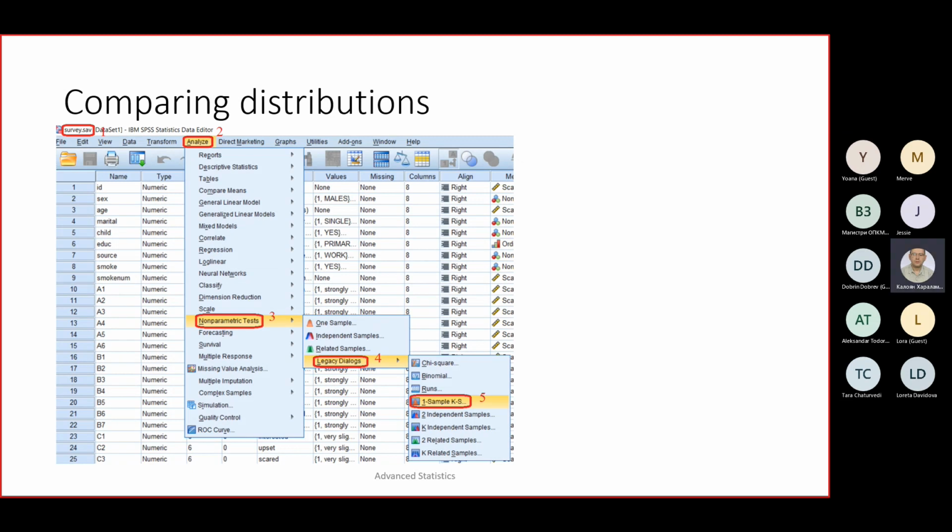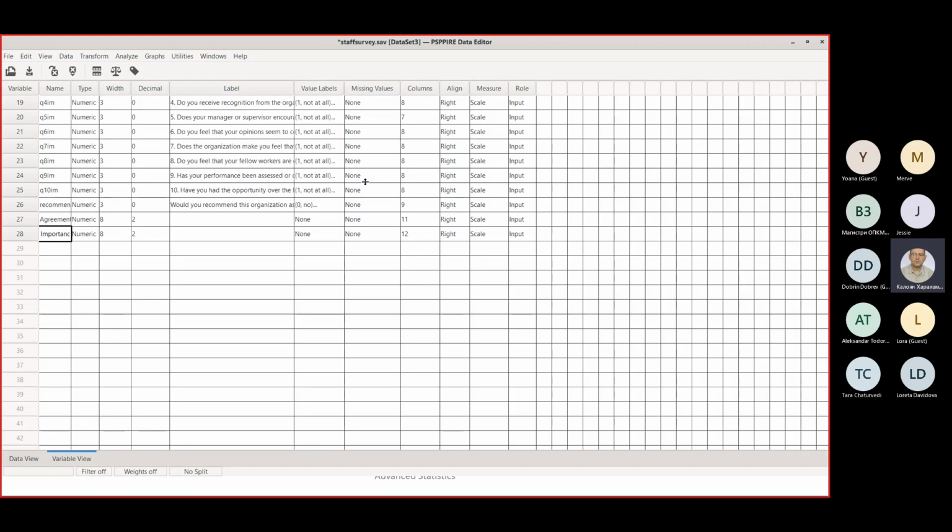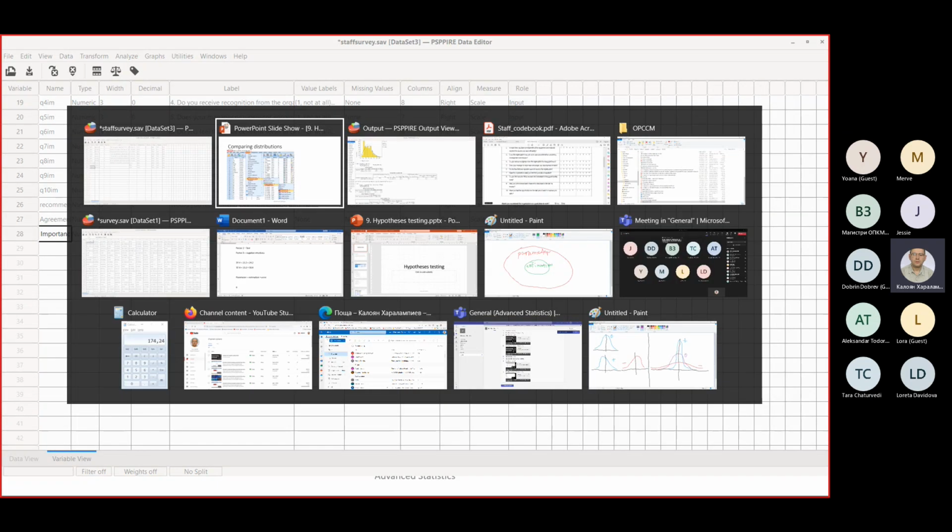And here we use a different approach, so-called non-parametric methods or non-parametric tests. And first of all, I will return to the initial file, to the first file for today's survey.